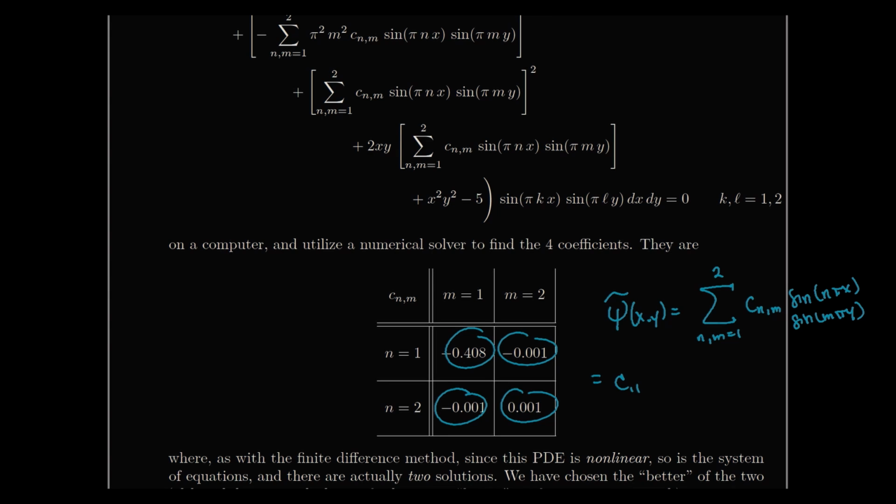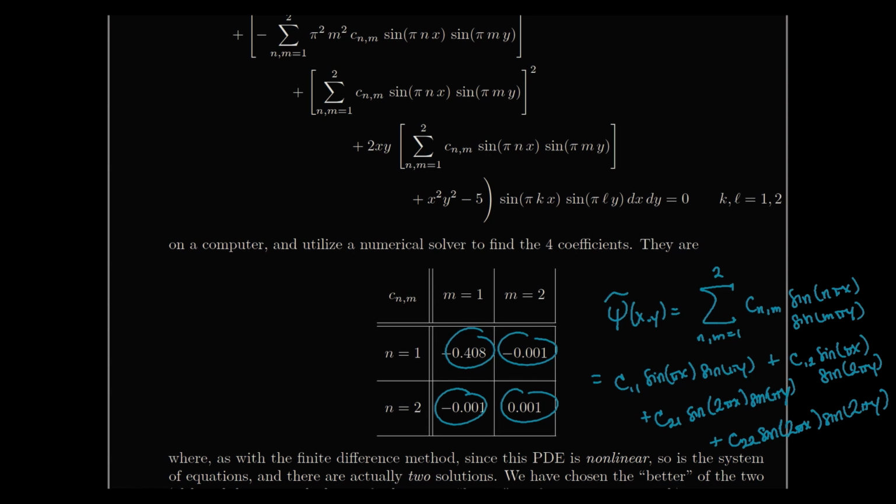It's just c 1 1 sine 1 pi x sine 1 pi y plus c 1 2 sine 1 pi x sine 2 pi y, c 2 1 sine 2 pi x sine 1 pi y, and c 2 2 sine 2 pi x sine 2 pi y. So we have 4 terms in our sum.